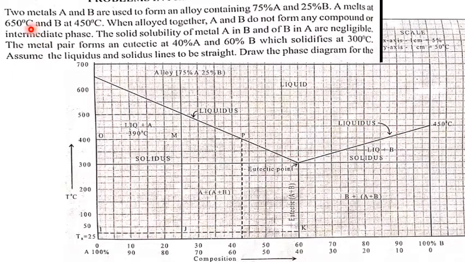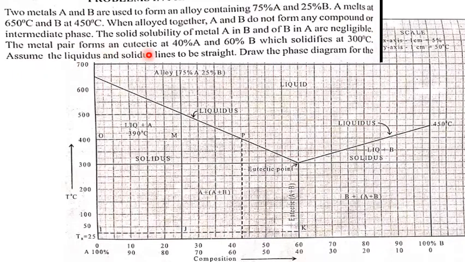Here the problem says two metals A and B are used to form an alloy containing 75% A and 25% B. A melts at 650 and B melts at 450, so the melting points of A and B are given. When alloyed together, A and B do not form any compound or intermediate phases, so they will not mix together. The solid solubility of A and B in each other is negligible, meaning they are completely insoluble in the solid state.